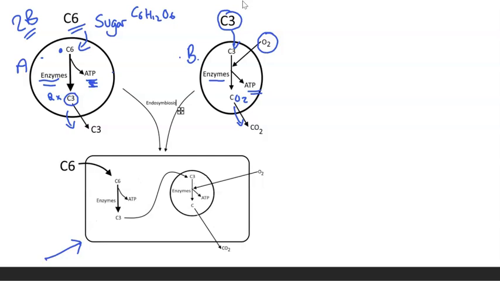The large cell takes in C6, much like we have here, and breaks it down to C3. Now, instead of excreting this, it passes it directly to the second cell, which then is able to break down the C3 to single carbons, with the excretion of the carbon dioxide. Of course, to do this efficiently, it requires oxygen.